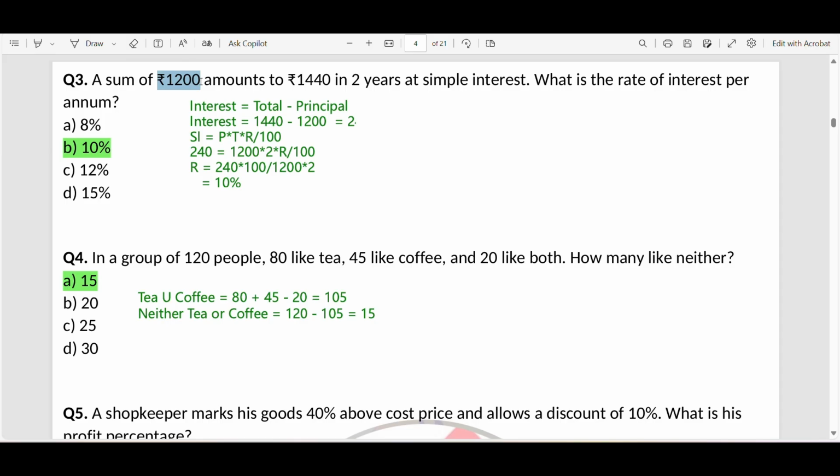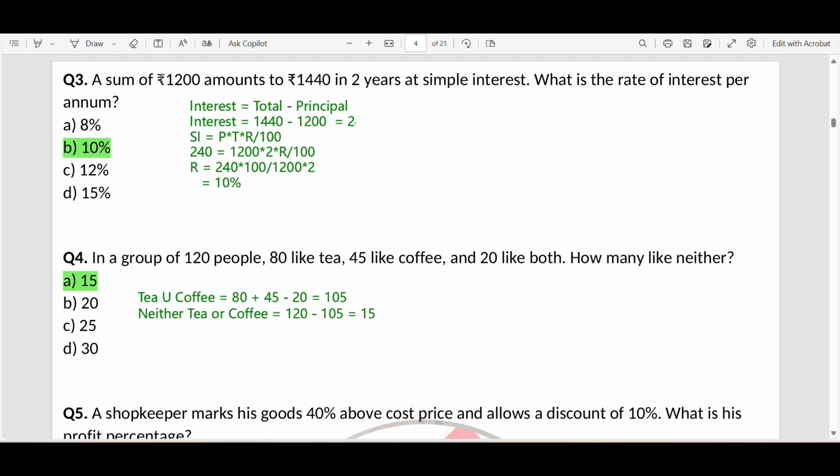This is a question regarding interest. 1200 is the principal amount which is given for some interest, and which amounts to 1440 in 2 years at simple interest. With simple interest, one person gave 1200 rupees to another person for 2 years, and after 2 years that person returned 1440 rupees.